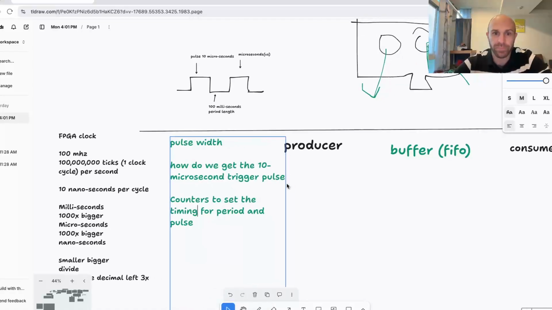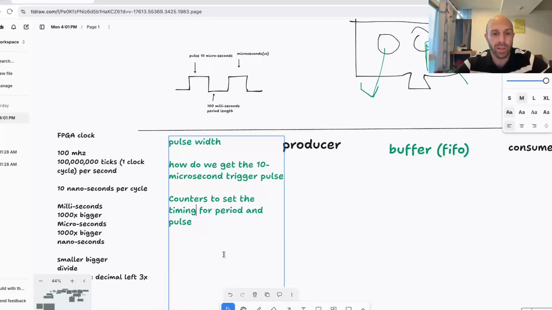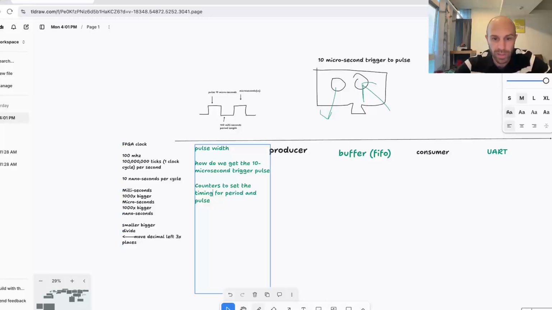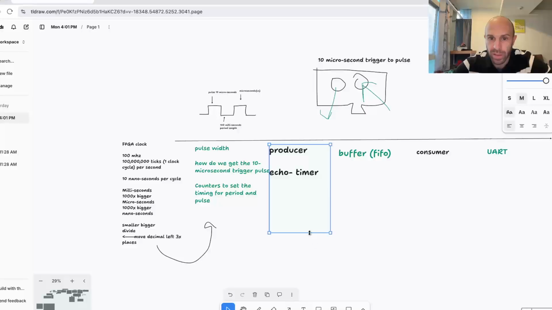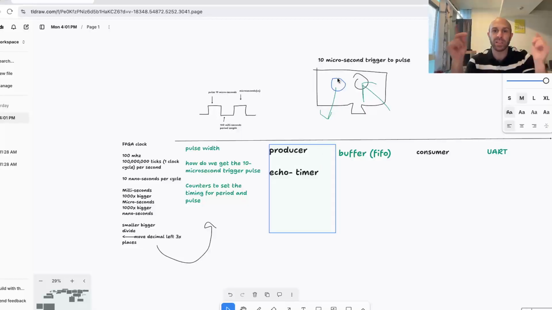All right. Now that we have that, these are connected with a wire. Once this signal goes out, we're at the producer stage. The producer stage is where we start our echo timer. The echo timer is going to start like a stopwatch as soon as this pulse comes out.